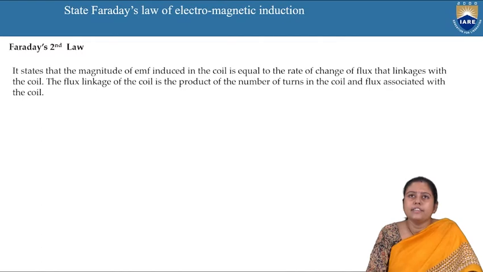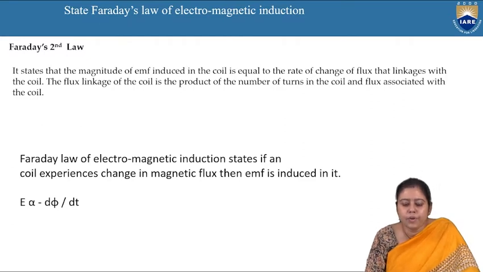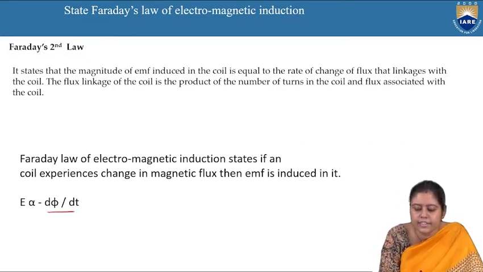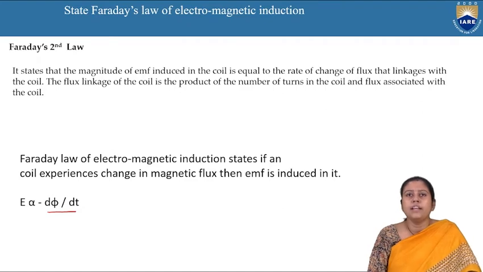What is Faraday's second law? Faraday's second law states that the magnitude of EMF induced in the coil is equal to the rate of change of flux linkage with the coil. So EMF is directly proportional to the rate of change of flux, dφ/dt, or we can write minus dφ/dt.